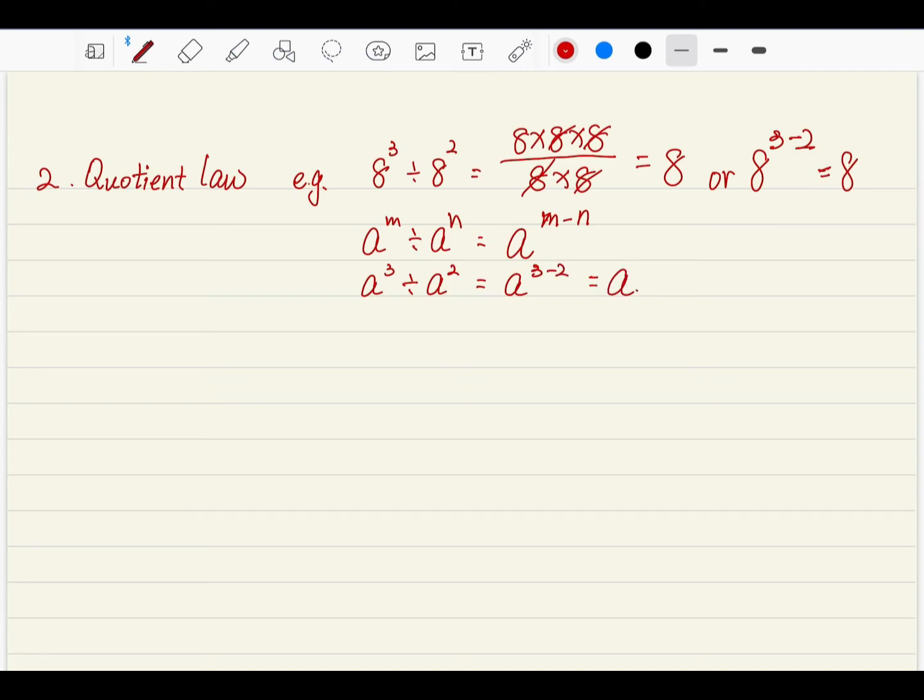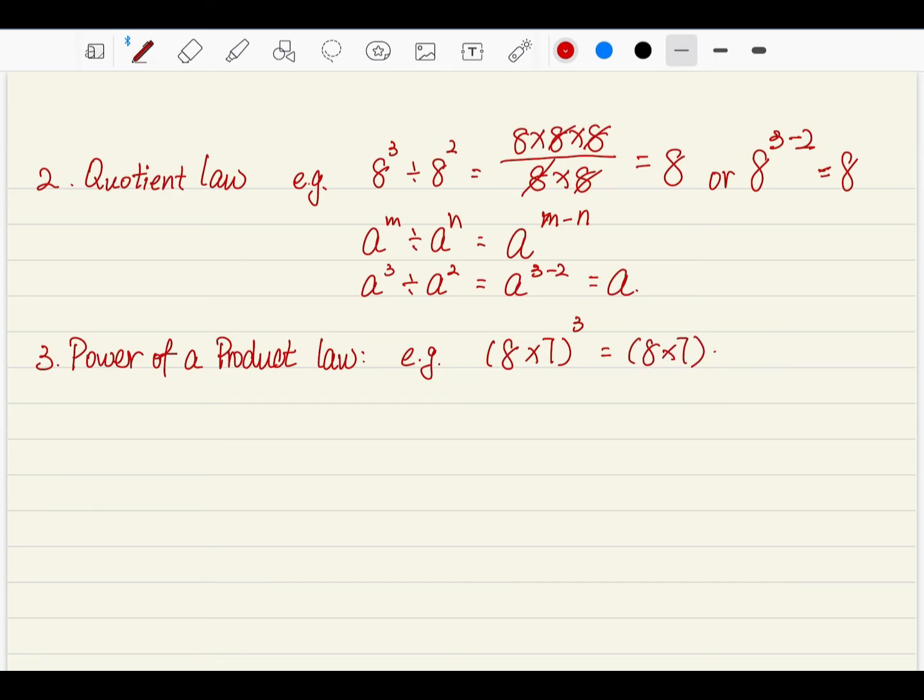Okay. Number 3, the power of a product law. This law is similar to the distributive law; we just distribute the exponent to each number. For example, 8 times 7 in brackets to the power of 3. We can write 8 times 7 times 8 times 7 times 8 times 7.